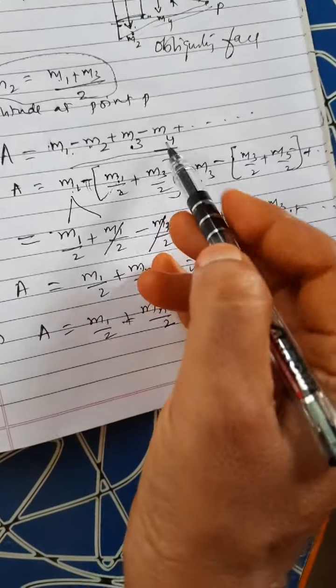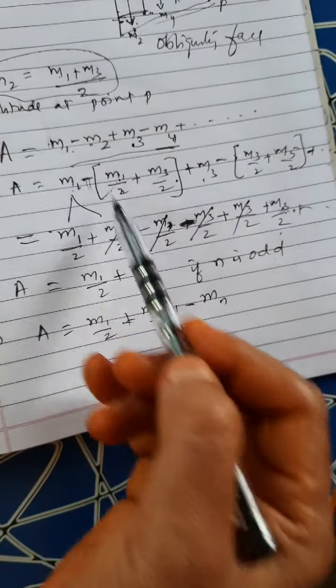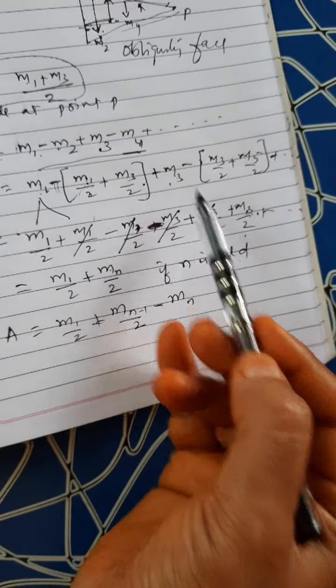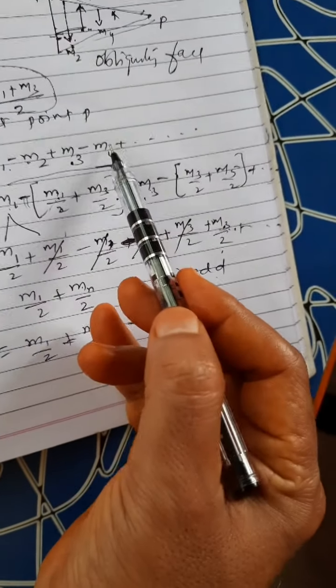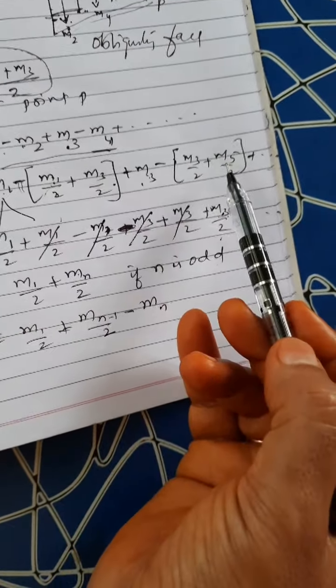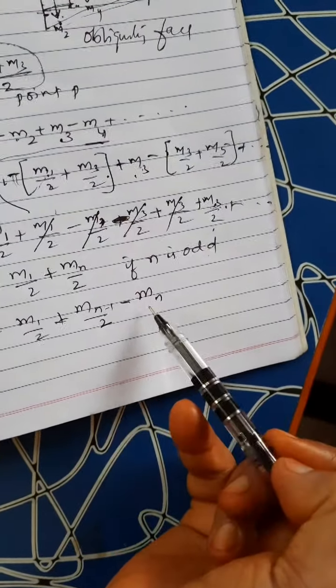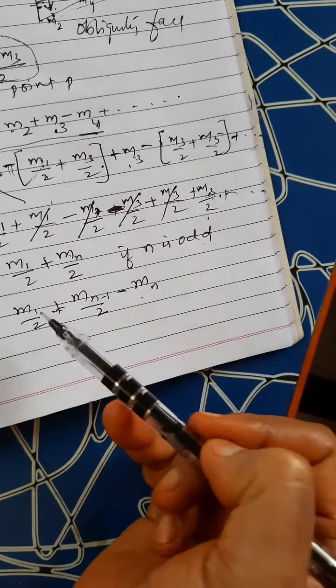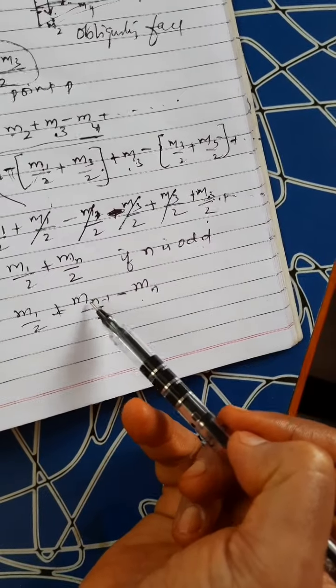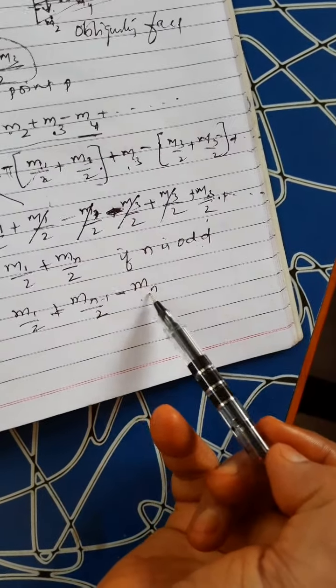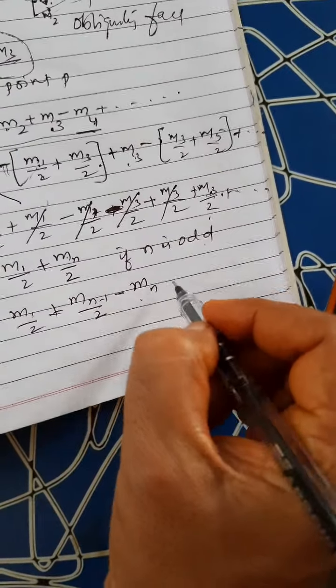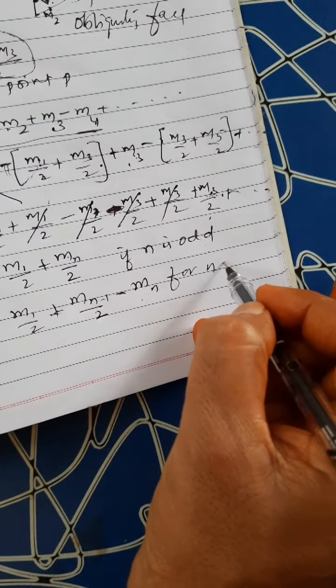Because if you stop at 4, what you have to write is M3, you will write like this. M4 also, you are writing M4 minus M4. You will write up to this. This is M1 by 2 plus M3 by 2 minus M4. So this is for n even.